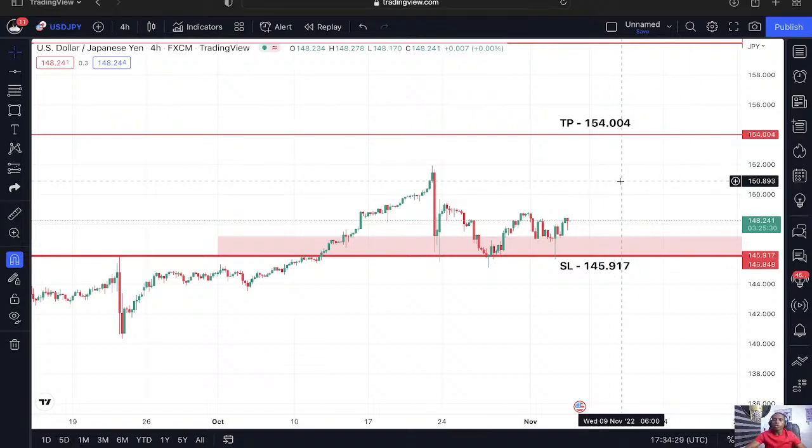Because of the possibility of a fake out, it is important to use your stop loss. At some point you might not be able to determine a potential fake out, and that is why your stop loss is very, very important, so that you don't lose more than you can bear.